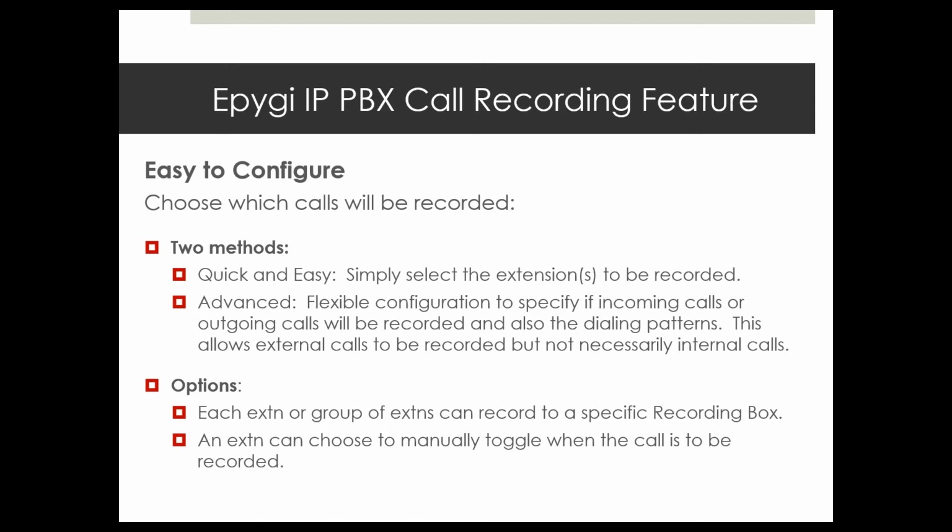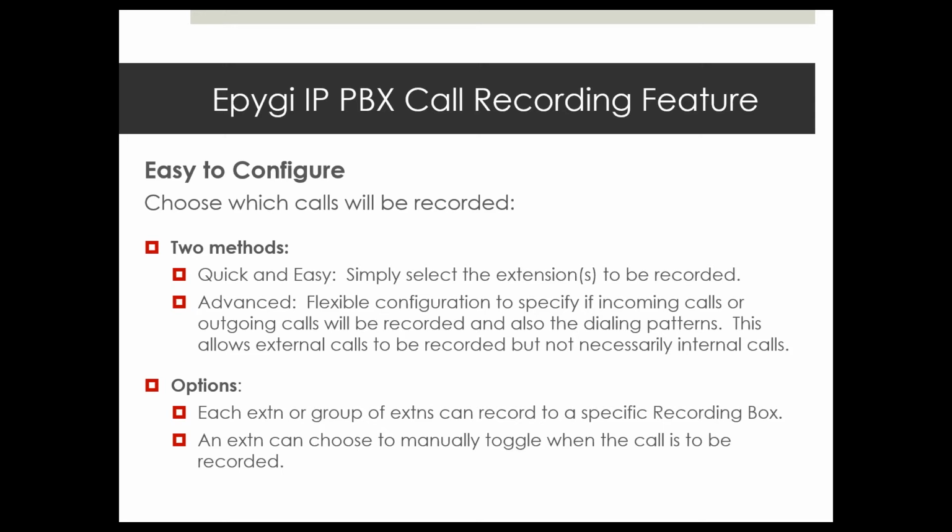It's easy to configure which calls will be recorded. There are two methods to do that. There's a very quick and easy method where you simply select the extension to be recorded and enable that. There's also more of an advanced method, which offers a flexible configuration, so you can specify if incoming calls are going to be recorded or outgoing calls are going to be recorded, and you can even specify which dialing patterns will be recorded.